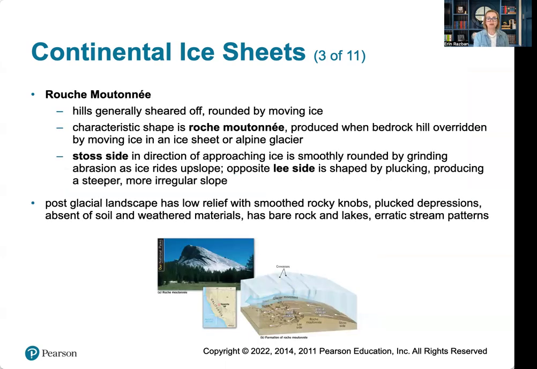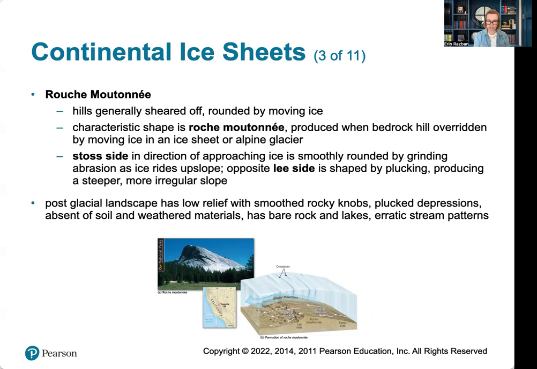So another distinctive erosional landform is the roche moutonnée, a bedrock hill or knob that's been overridden by moving ice. If you were to visit places like Acadia National Park in Maine, you'd notice the asymmetrical rock formations have gently sloping, smoothly polished sides facing the direction the ice came from, the stoss side, and a steeper, rougher side where the ice moved away, the lee side.